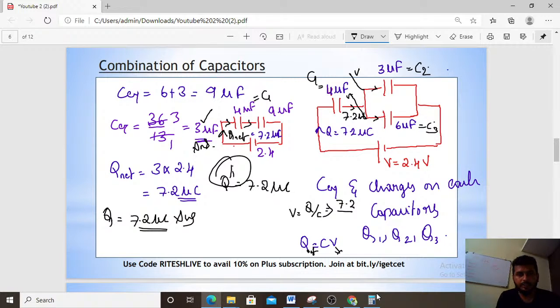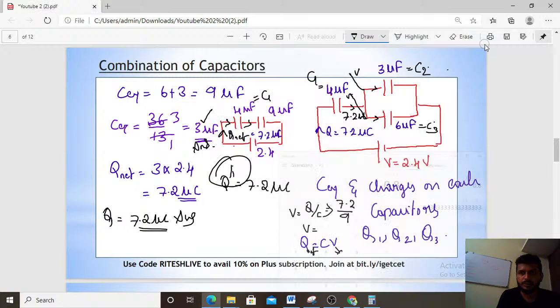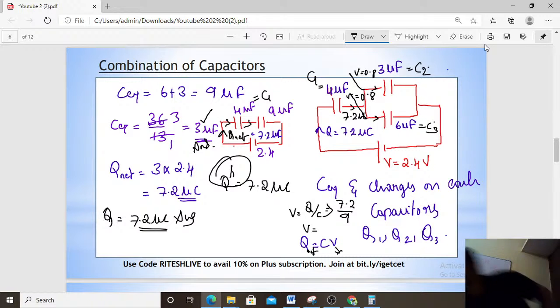The C equivalent of C2 and C3 is 9. So the V value is 7.2 divided by 9. So how much? 0.8. So here the V value is 0.8, and here also the V value is 0.8.